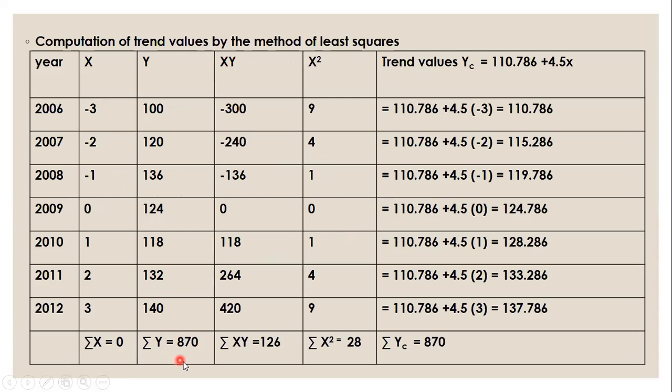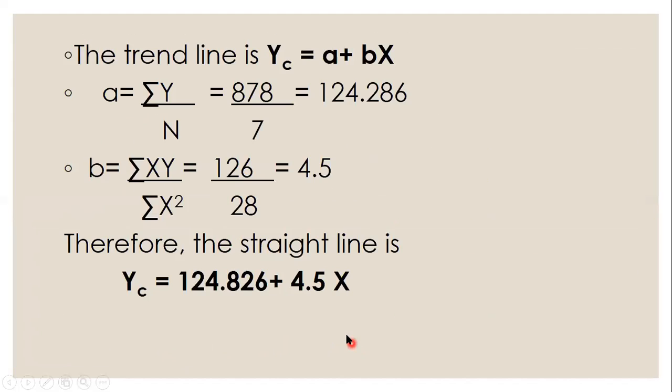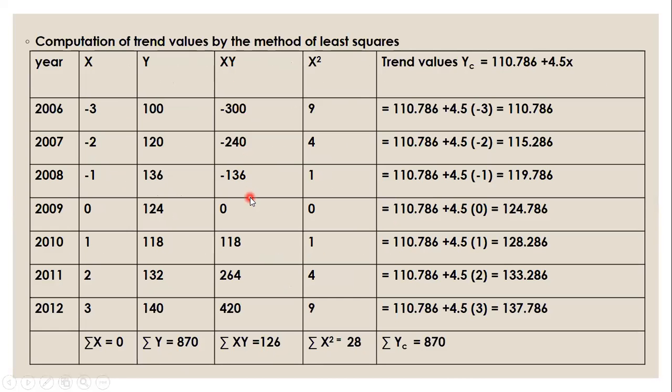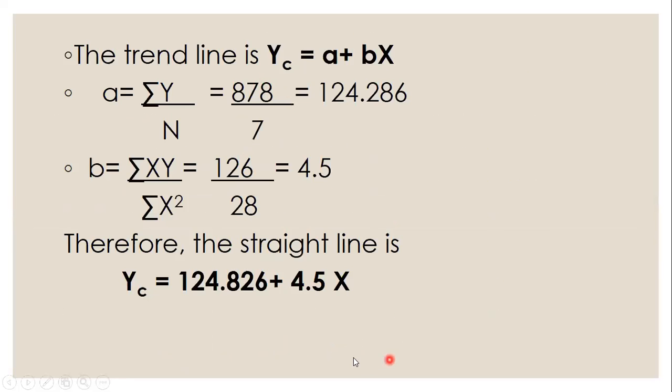Sigma y is 870, sigma xy is 126, sigma x square is 28. Okay, sorry, this is 870, not 878. This is 870 by 7.